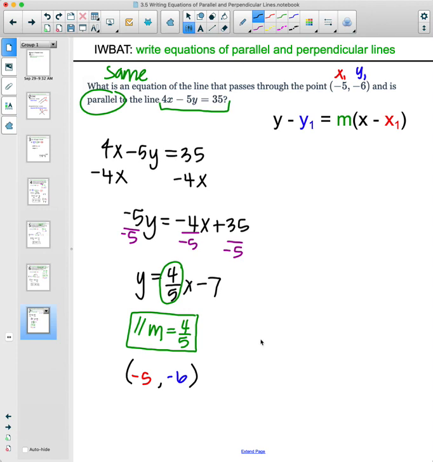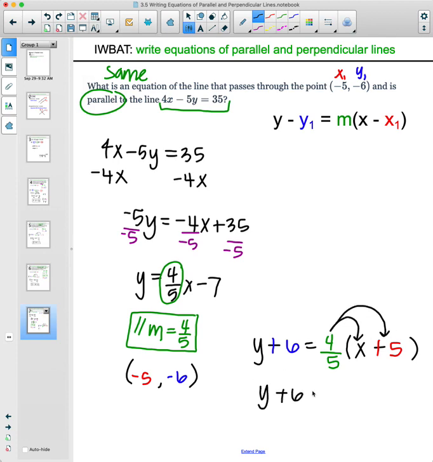And then plug into point slope form. So y minus the y coordinate equals the slope times x minus the x coordinate. The y coordinate is negative, so I'm just going to go negative 6 equals the slope. So the parallel slope, which is 4/5, x minus the x coordinate. X coordinate is negative 5. So now distribute your slope to solve for y.